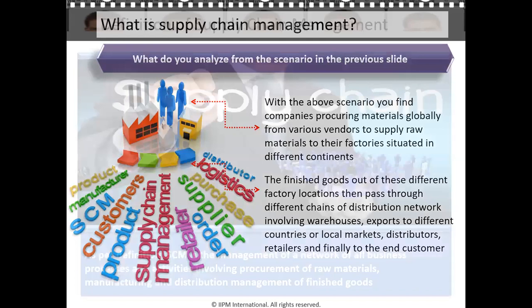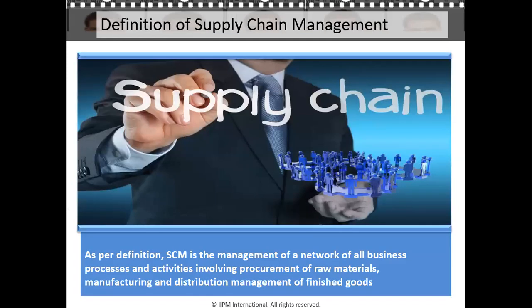Now, let's look at what supply chain is by definition. Supply chain management, SCM, is the management of a network of all business processes and activities involving procurement of raw materials, manufacturing and distribution management of finished goods. And I'm going to ask a question.